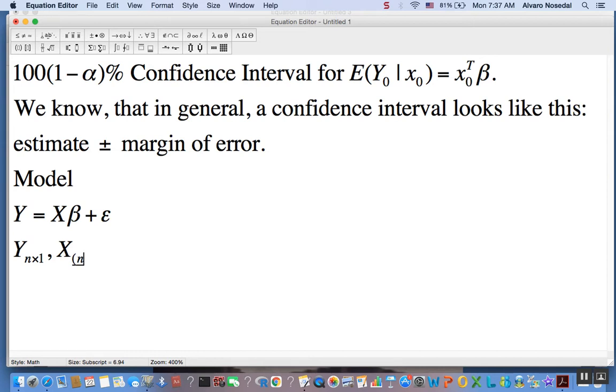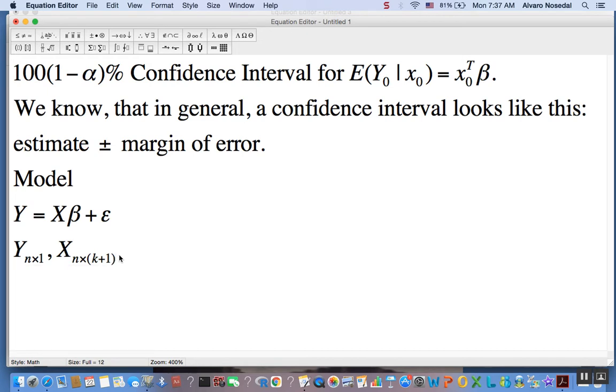It's going to have n rows, just like this guy, but it's going to have k plus 1 columns, right? So we have k predictors and one column of ones that corresponds to that beta 0, to the intercept.